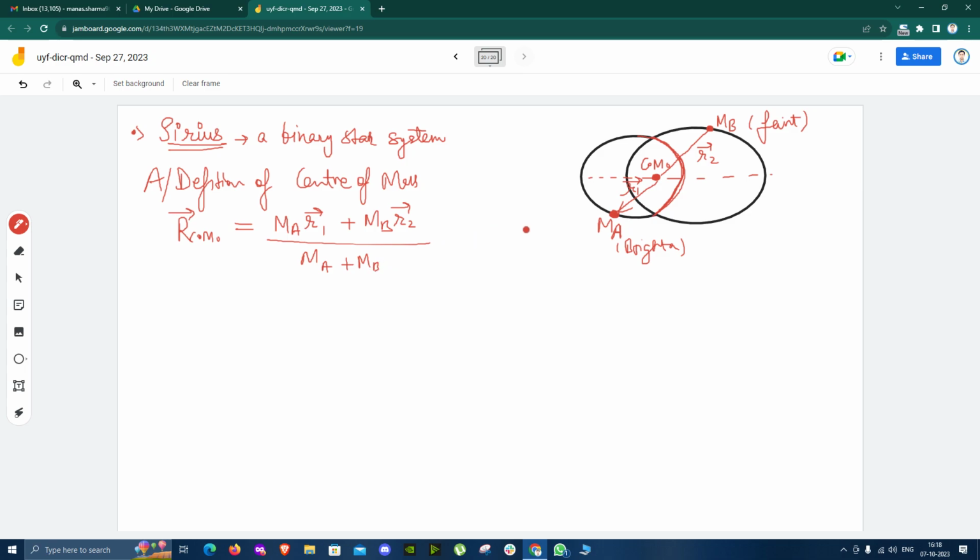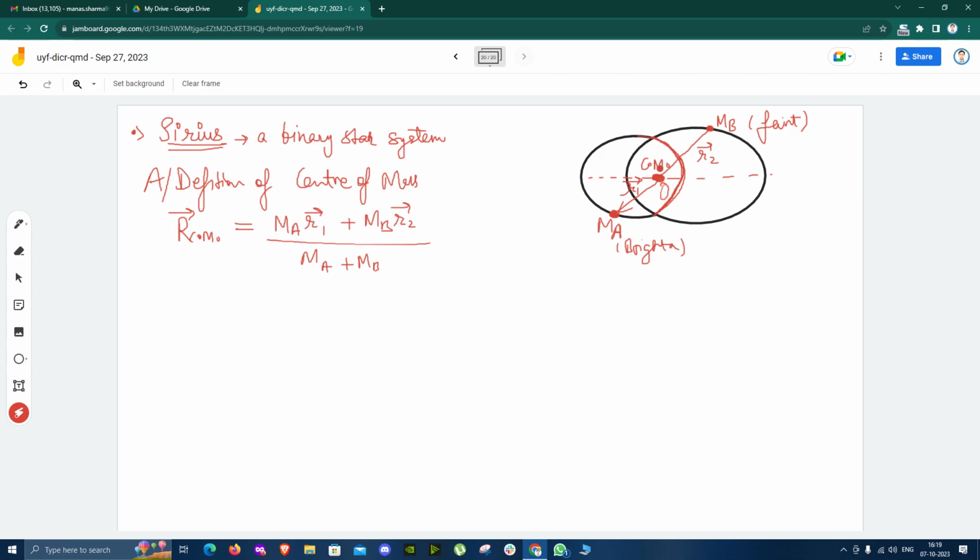Since the center of mass coincides with the point, let's say we assume that they are revolving around a common point, and we put the center of mass there as well. If this is the origin of the xy axis and the center of mass is there only, we have drawn the diagram in such a way that this is the 0, 0 point, the origin.